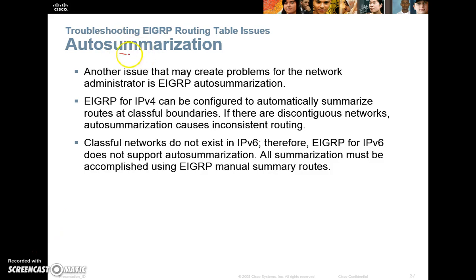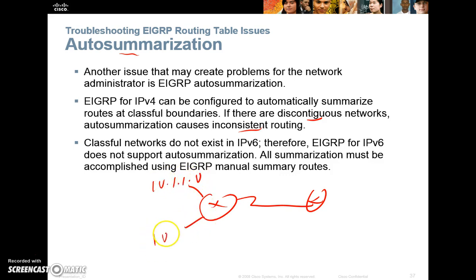Lastly is auto summary. Auto summary may create some problems, especially if you have this kind of discontiguous network. It will cause inconsistent routing. For example, let's say you have these 2 routers connected to each other. This router is connected to the 10.1.1.0 network and also the 10.1.2.0 network. And then you have a 10.1.3.0 network on the other side.